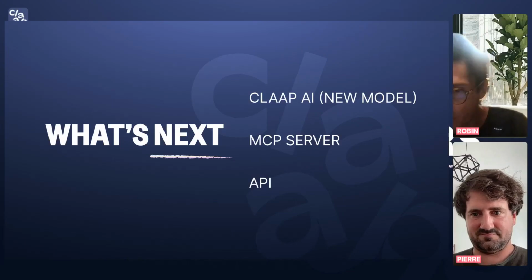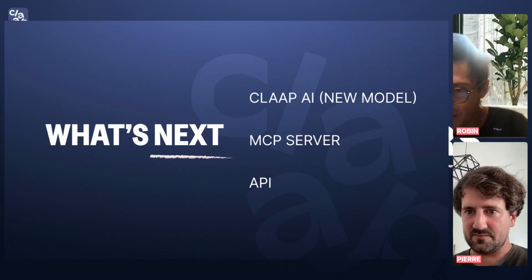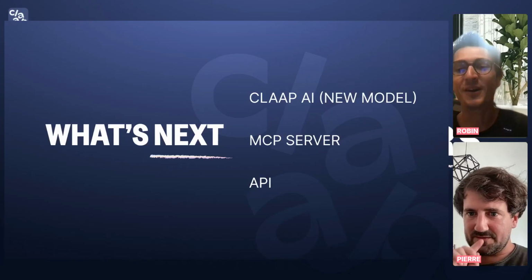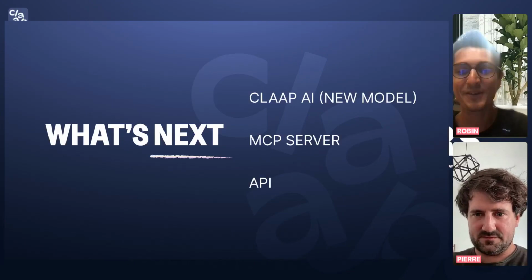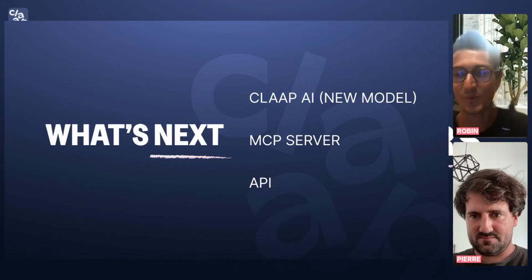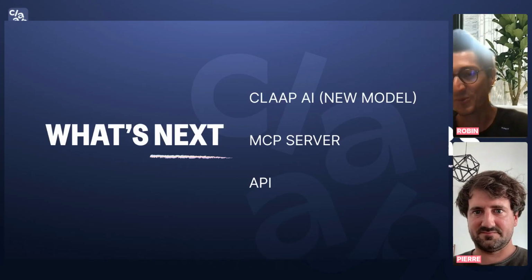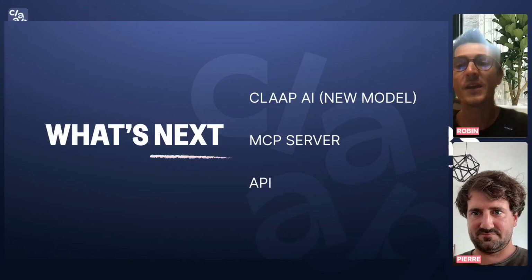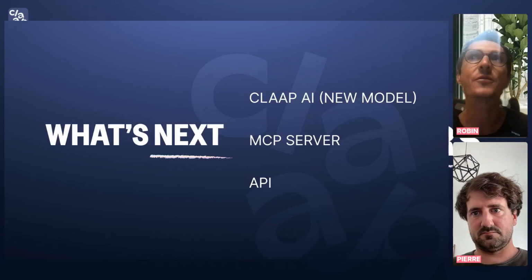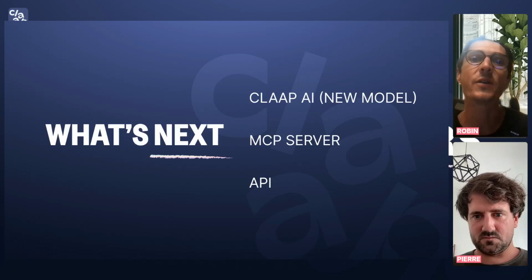So I see one question. Okay, Pierre is answering. Yeah, whenever you want a comparison, the best we can do is to give you reference calls. If you have precise questions, no one will sell Claap better than our clients. But compared to Cockpit and Mojo, the main difference in terms of approach is flexibility.